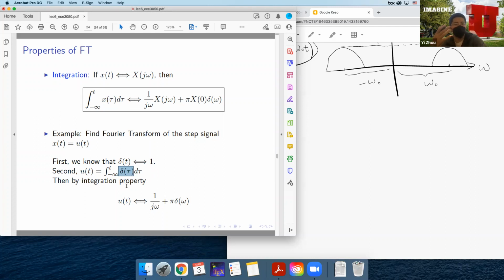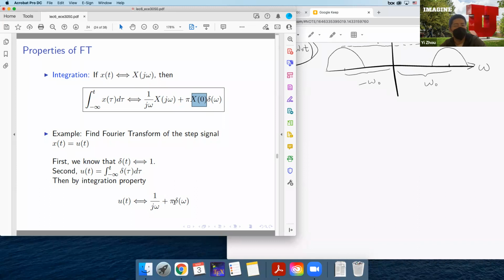And for the impulse signal, we know that the corresponding spectrum is very simple. It's simply a constant 1 over the entire frequency domain. Therefore, by this integration property, we just plug in 1 into the spectrum here. So it's 1 over j omega plus pi. Here X(0) is still 1 because the entire spectrum of the impulse is a constant 1.